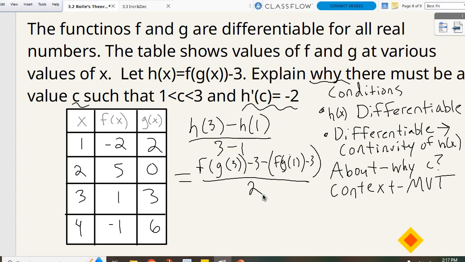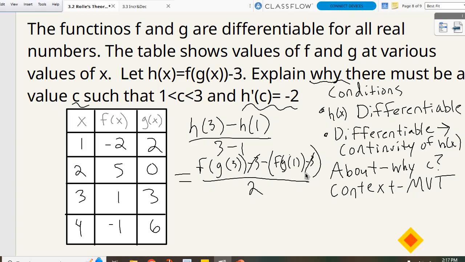Because I'm subtracting a negative, so it becomes positive. So I have -3 plus 3 is 0. Are we all okay with that? Wait, it was -3 minus -3? Yes, because I'm subtracting this whole thing. So I have to apply that negative on the outside to that -3 as well. So it ends up becoming plus 3. So -3 plus 3 gives us 0.